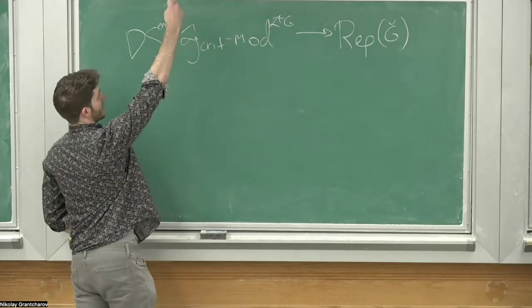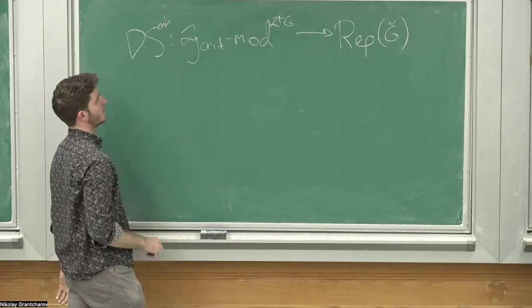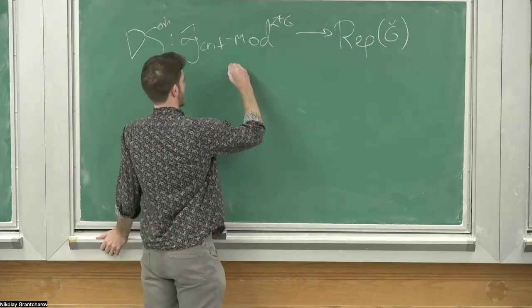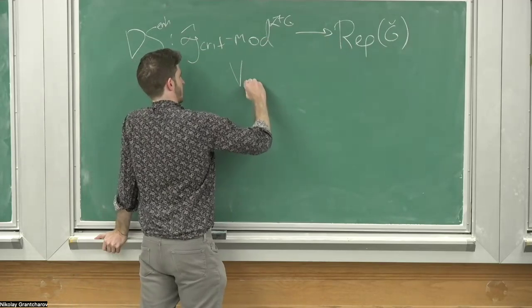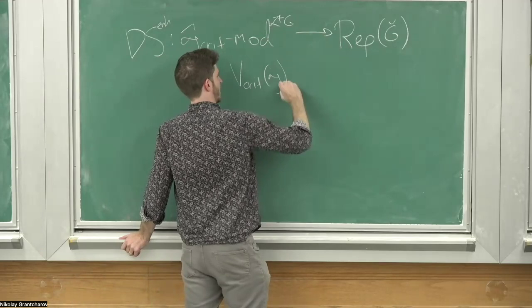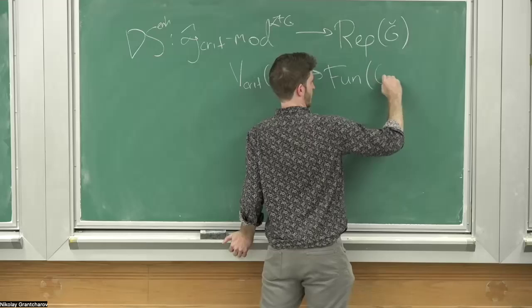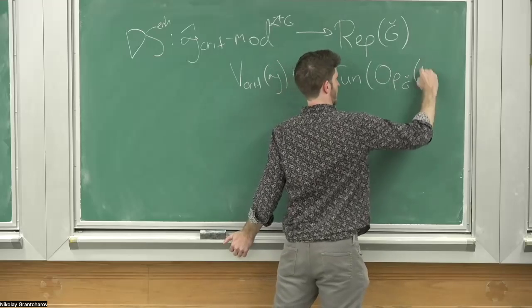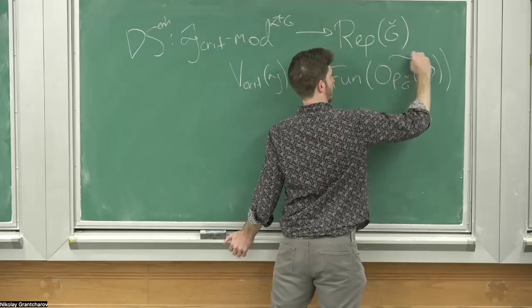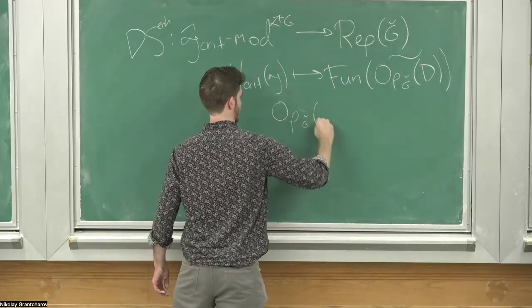And then this upgraded version, this compatibility of Feigin-Frenkel with geometric Satake, exactly tells me that the vacuum representation maps to functions on the kind of universal, so what is this G-check tilde?